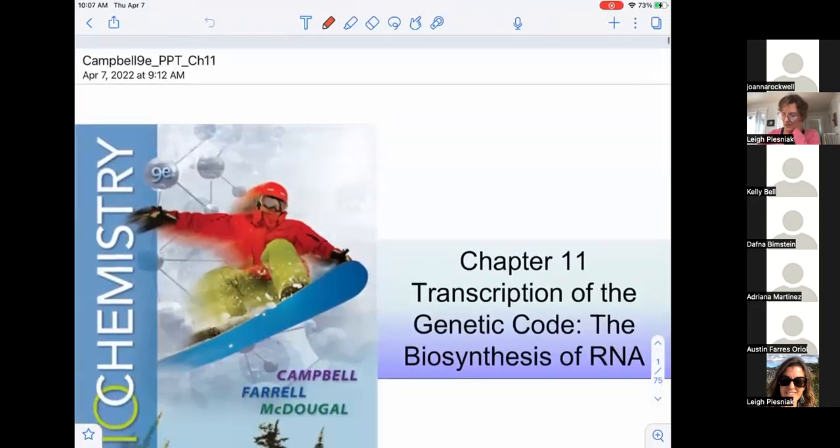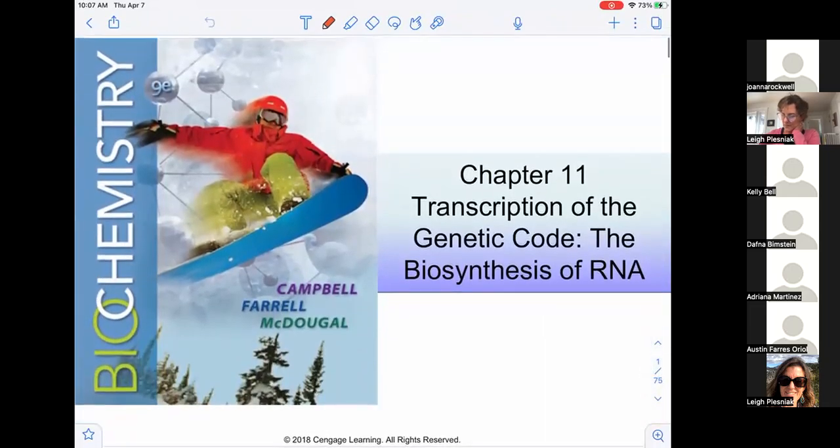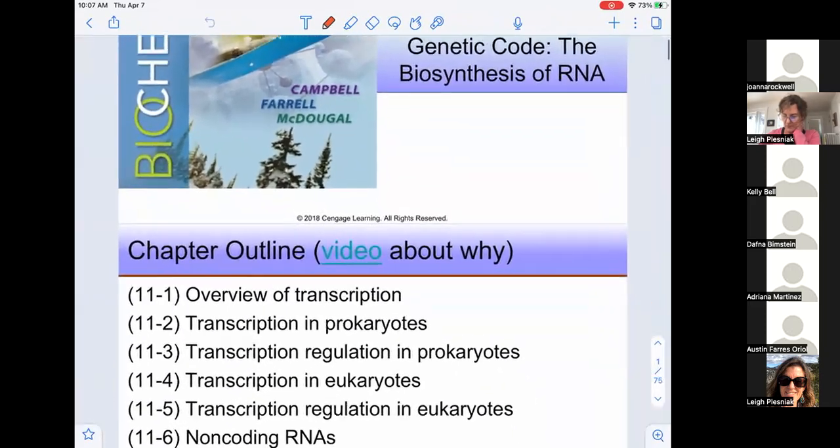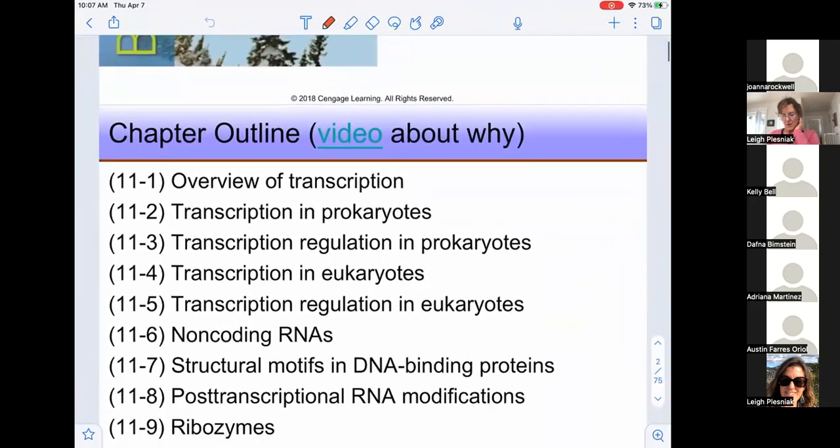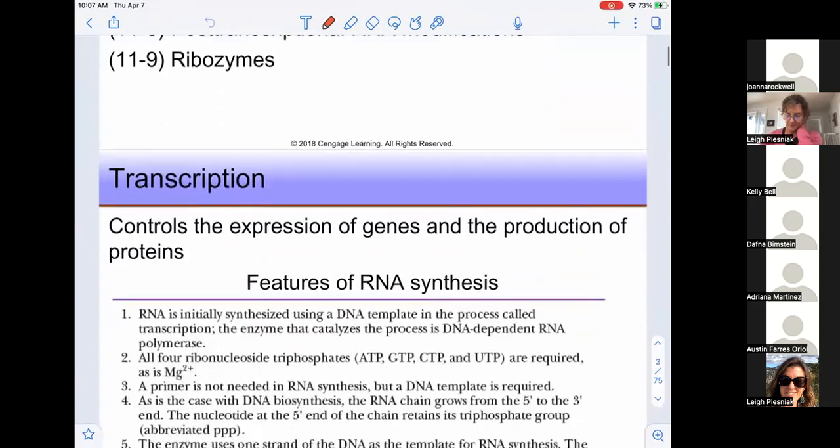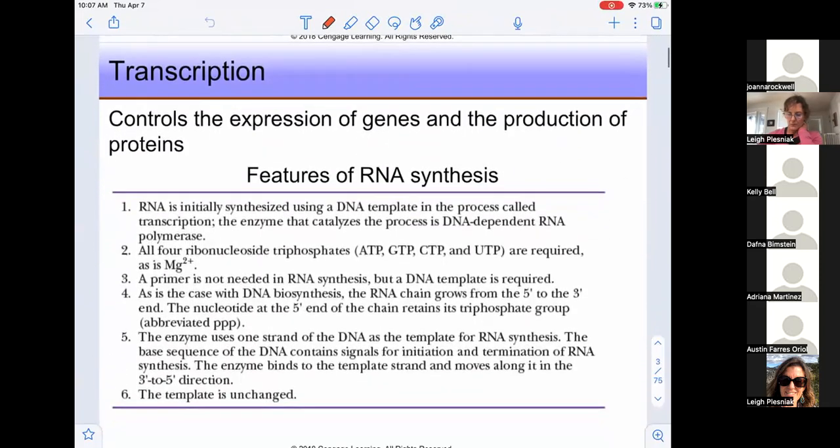Okay, so that's the end of replication. Then there's transcription. And you guys still see that, right? See the PowerPoints. Yes. Okay, so basically, in all of our cells in our bodies, the genetic makeup is the same.